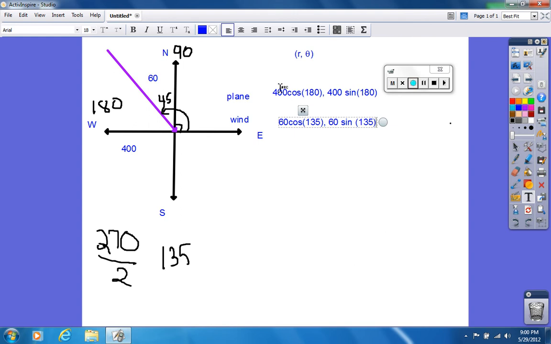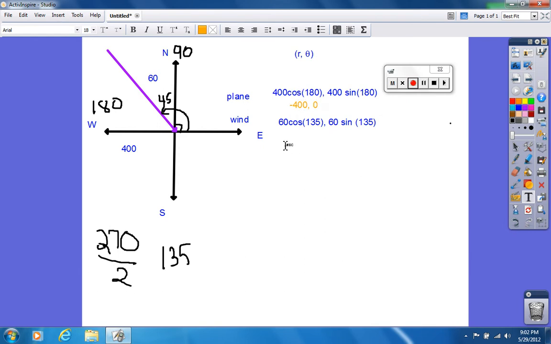All right, so we need to do 400 times the cosine of 180. You'll have to trust me because I don't have the graphing calculator on the screen. When I do 400 the cosine of 180, I get negative 400, comma. When I do 400 times the sine of 180, the sine of 180 is 0, and 400 times 0 is 0.